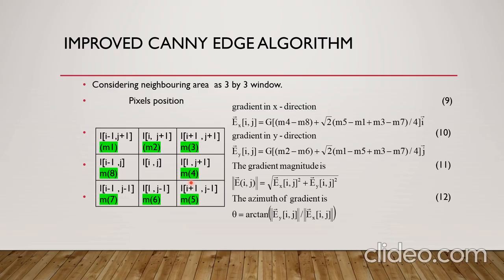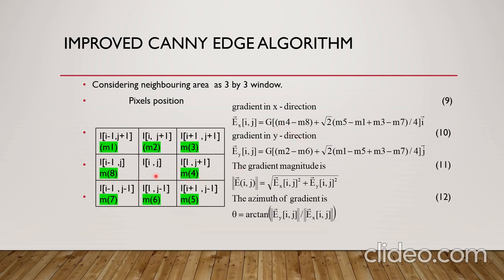Here magnitude of r equals 1 since the distance between these two pixels is 1, and we are finding the gradient in x direction, so r vector will be i. So the total gravitational field intensity for m4 pixel is G into m4, and since it is in a positive direction it will be plus sign.